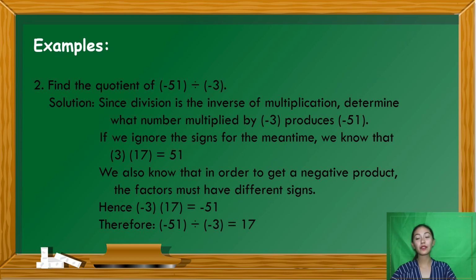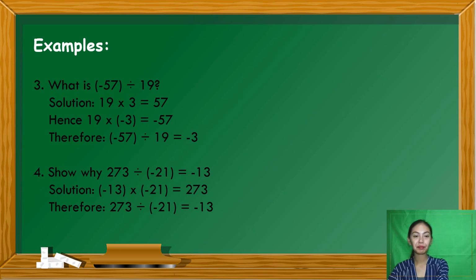We also know that in order to get a negative product, the factors must have different signs. Hence, negative 3 times 17 is equal to negative 51. Therefore, negative 51 divided by 3 is equal to negative 17.